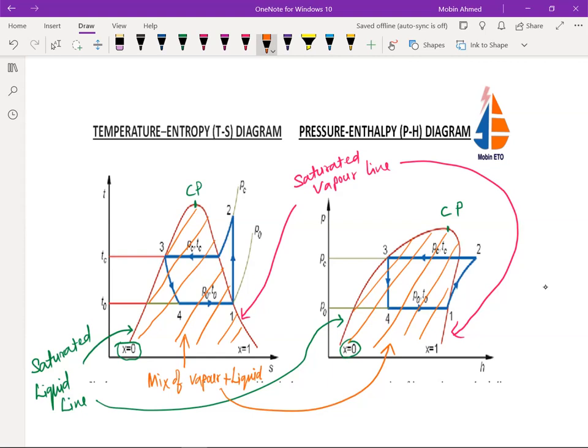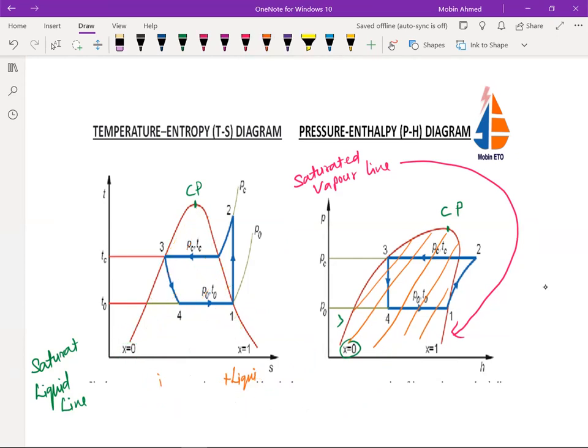That means when we say saturated vapor, it is 100% vapor, there will be no liquid. When we say saturated liquid, that means 100% liquid, there is not going to be any vapor. So this is about the saturated liquid line and saturated vapor line.